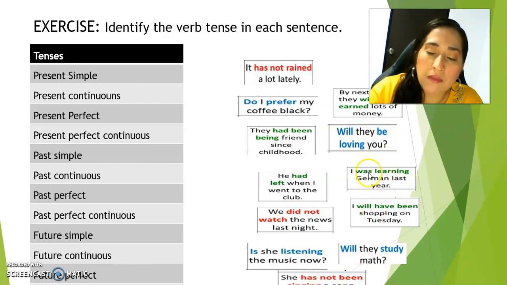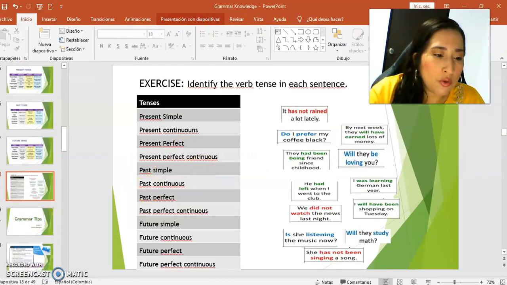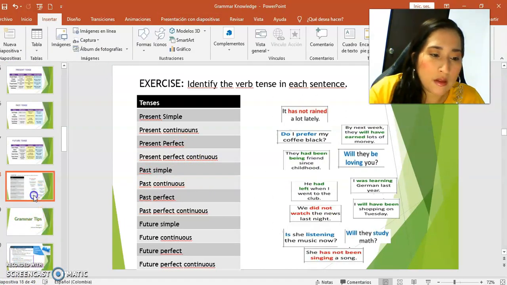So we have the verb to be in past and another verb with ing. So that is past continuous. Okay? And you have to write this sentence here. Past continuous. Let me show you how.